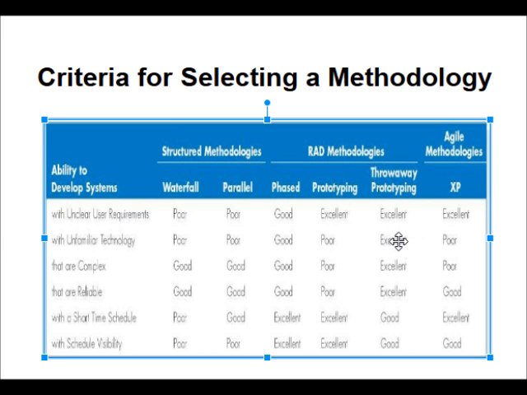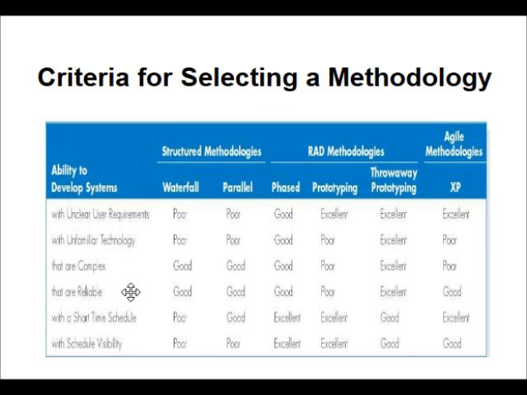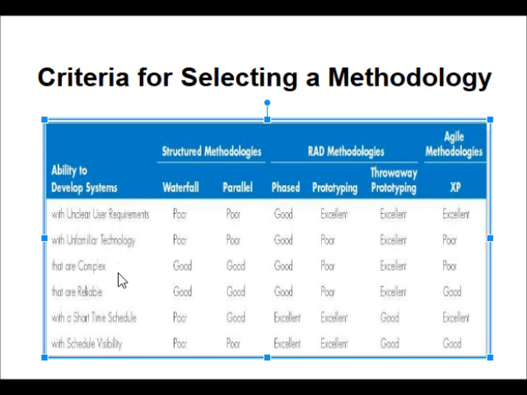Only throwaway prototyping is excellent, and phased can be good. When the project itself is complex, then throwaway prototyping is excellent, and waterfall and parallel are good. If the ability to develop the system is reliable, throwaway prototyping is excellent, agile is good.